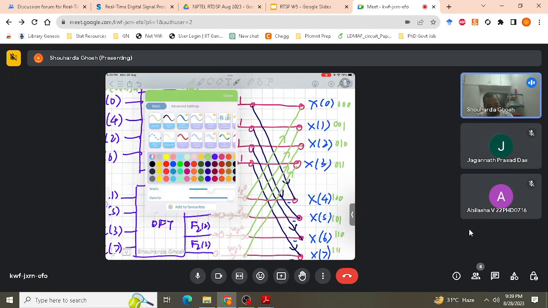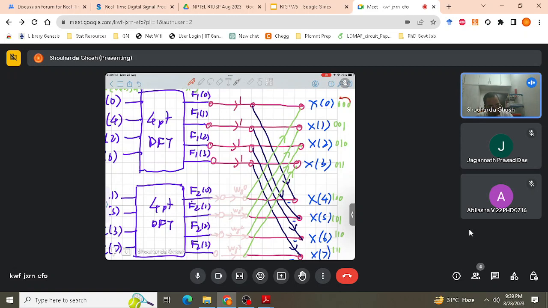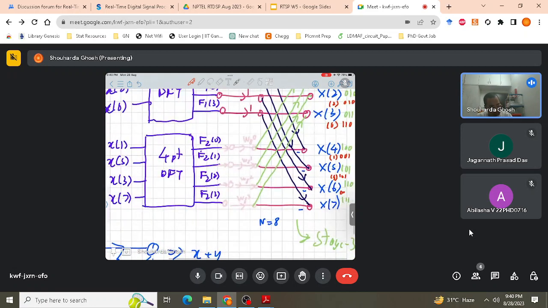Now if you reverse the bits, 0 0 0 remains 0. 1 0 0 becomes 4. 0 1 0 becomes 2. 1 1 0 becomes 6. 0 0 1 is 1. 1 0 1 is still 5. 0 1 1 is 3, and 1 1 1 is 7.